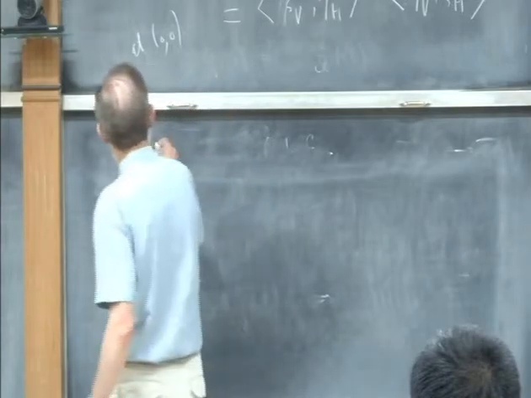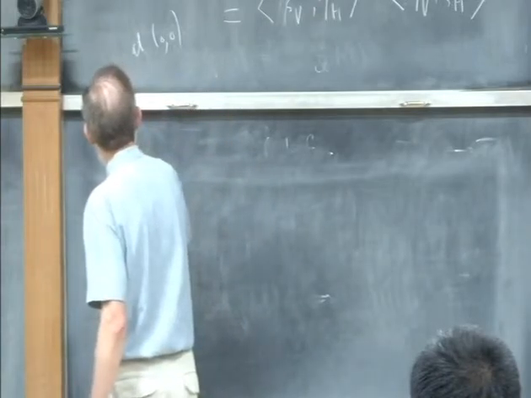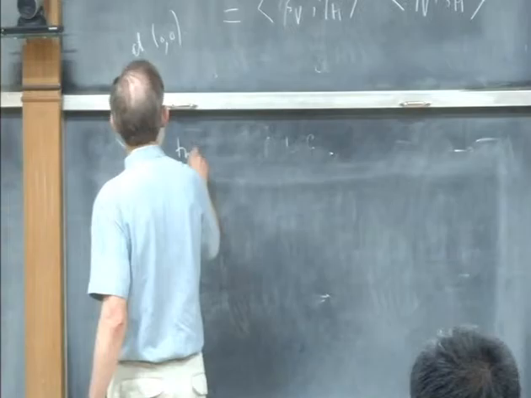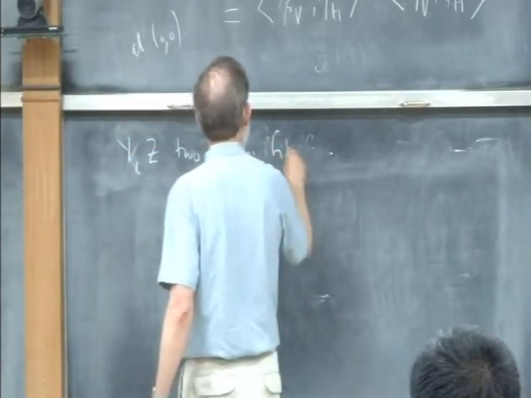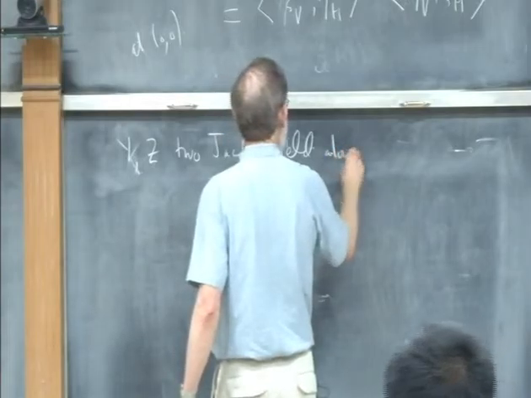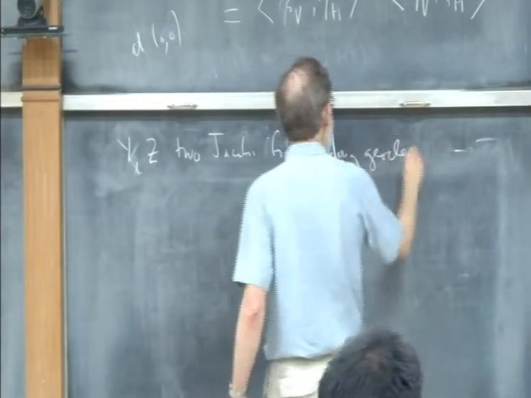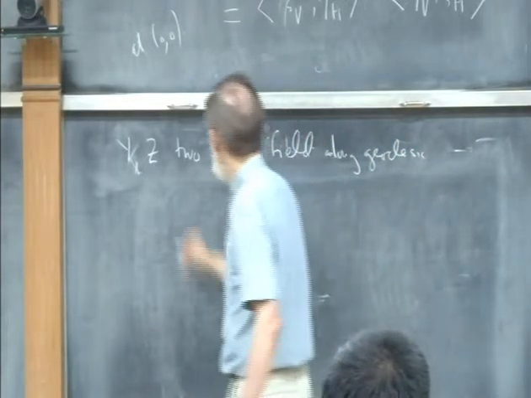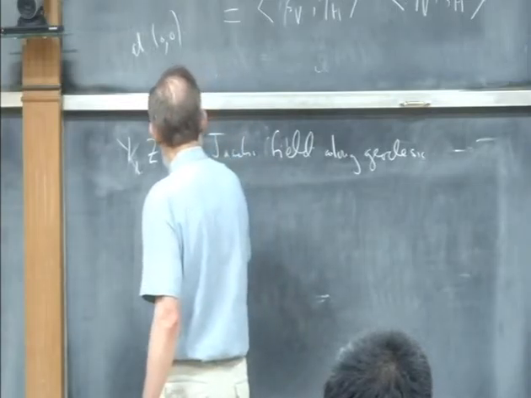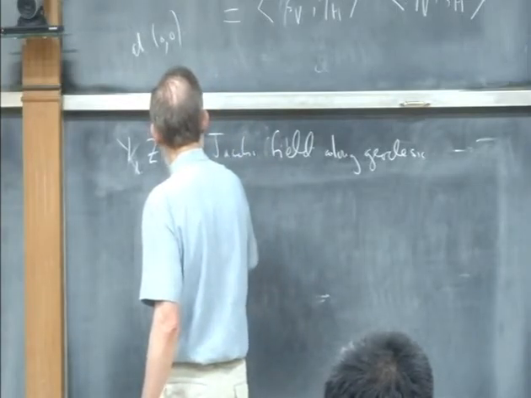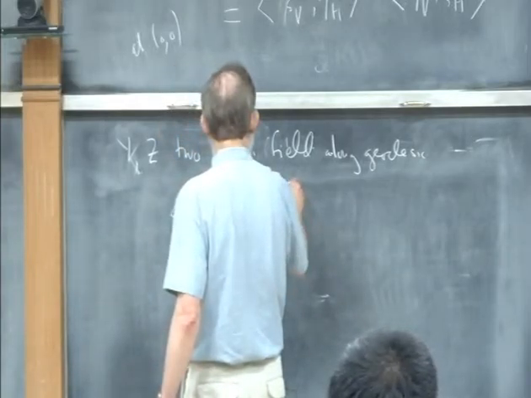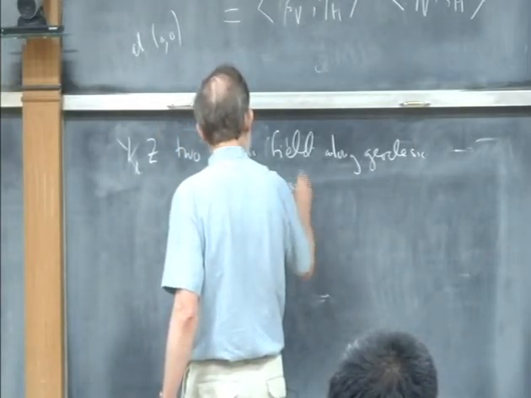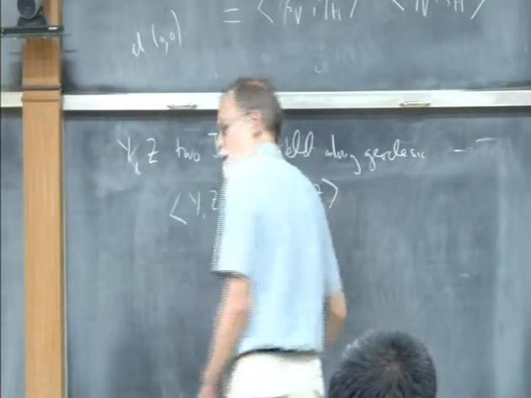Last time we had y and z, two Jacobi fields along a geodesic, and we wrote down something that looked like y z prime minus y prime z.